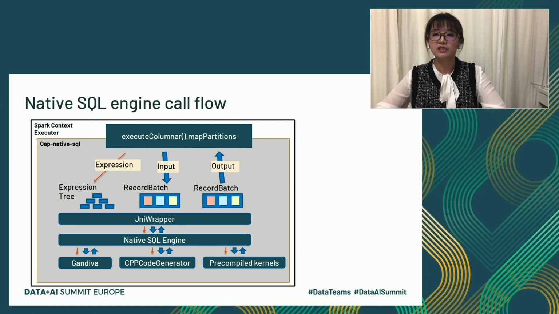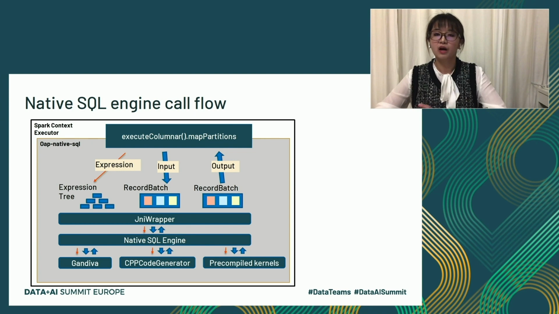So to integrate our project into Spark, we also implement 2 layers above. The top layer is written in Scala and Java to convert Spark expressions to Gandiva expressions, so we can pass them to the native side.